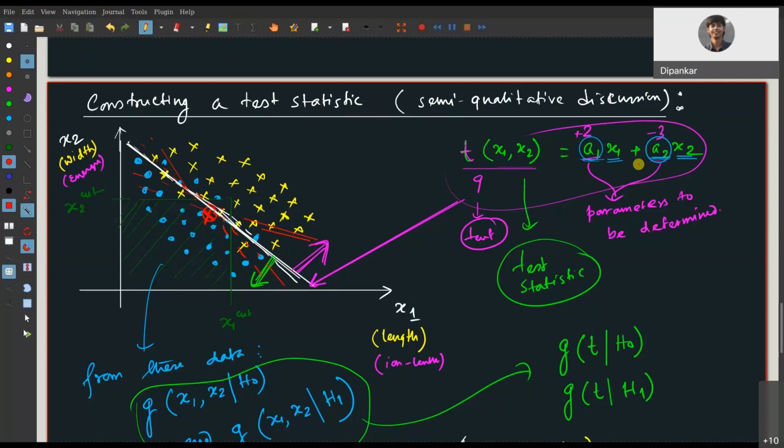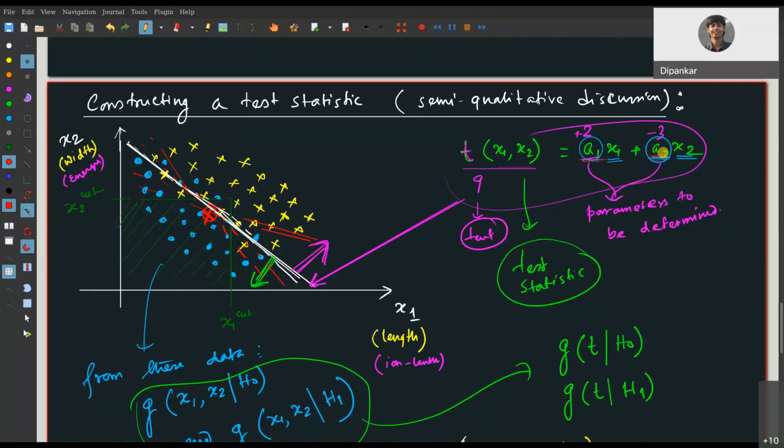Before even choosing a value of t cut, I first choose my test statistic. Visually, I am rotating this straight line, fine-tuning to find the optimal orientation that separates my data very well. That is obtained by tuning A1 and A2.